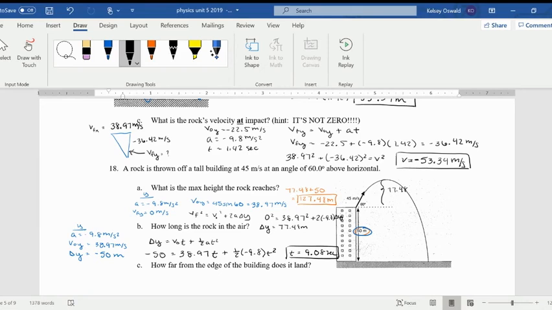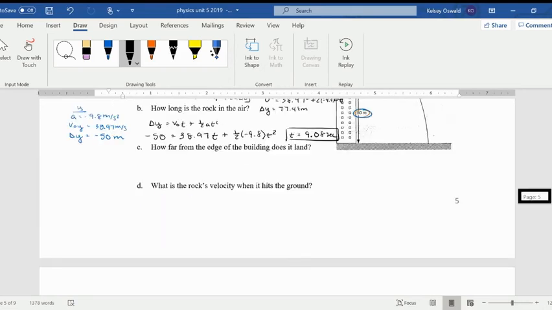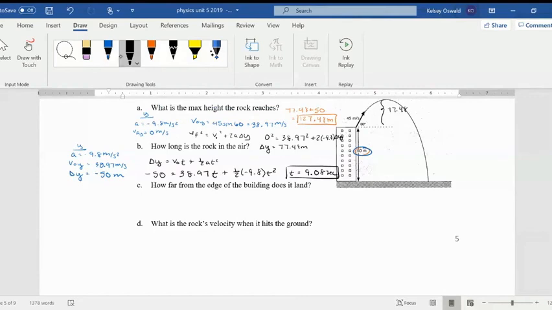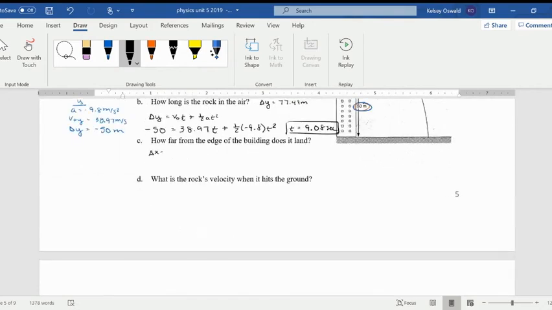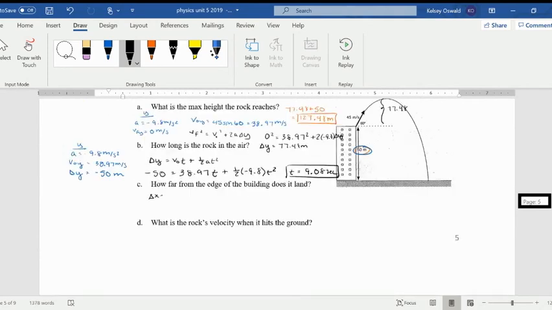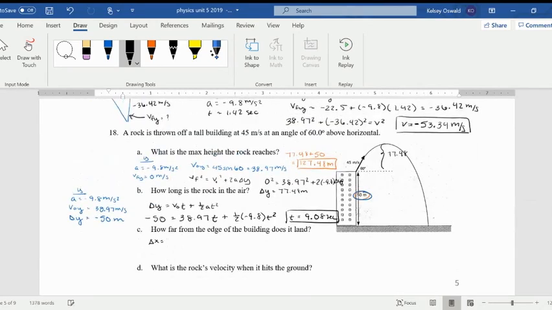Okay, so then when we want to see how far from the edge of the building it lands, here we're looking for horizontal range. So we're going to use our range equation of delta x is equal to our initial x velocity times time. My screen decided it does not want to work anymore. Okay, so to find our initial x velocity, remember here we're going to use cosine because it's the adjacent side of our triangle.